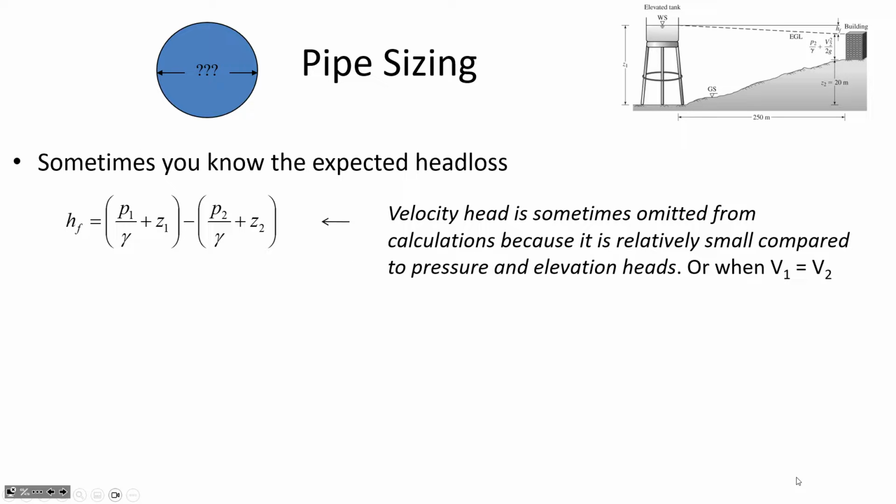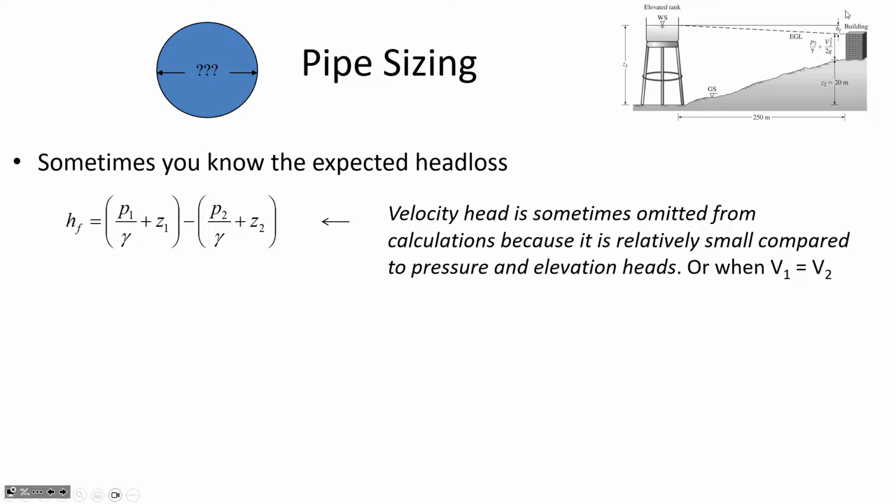Okay, so sometimes you have to size a pipe. You have to figure out how big the diameter should be in order to accommodate a desired flow rate. Let's say that we have an elevated tank and you have water flowing through a pipe to get to a building, and you don't know how big the pipe should be in order to get a flow rate that you want to have there.